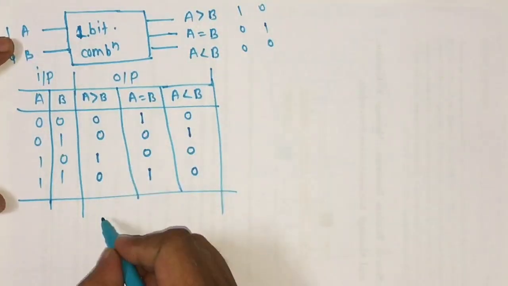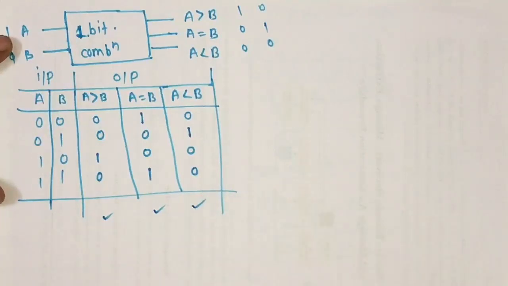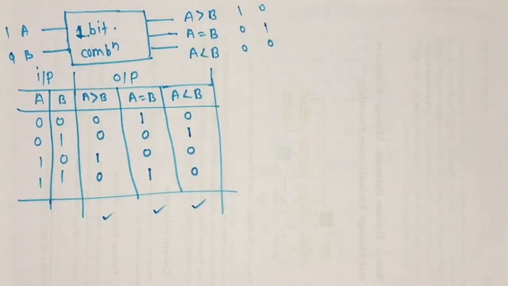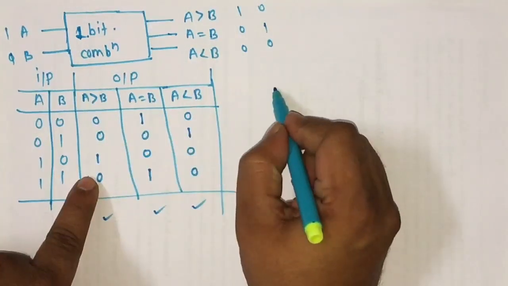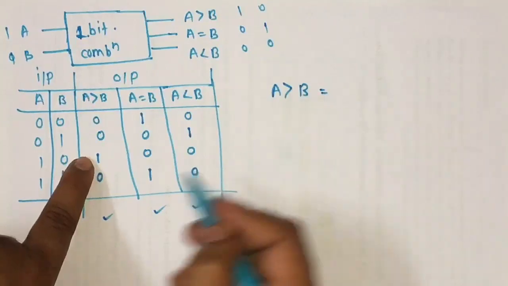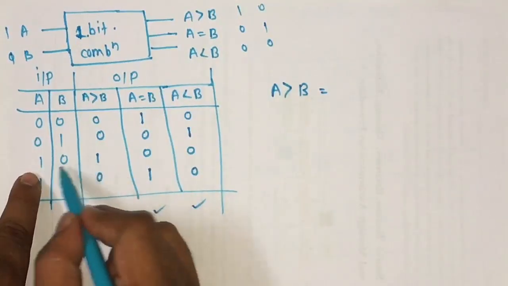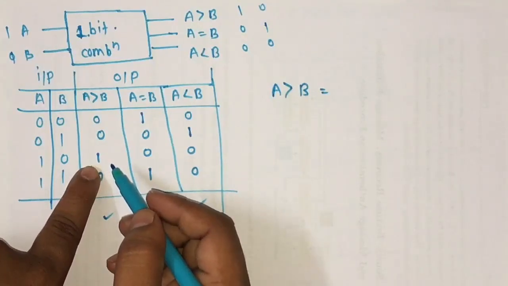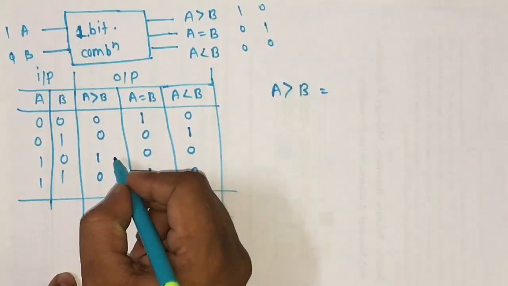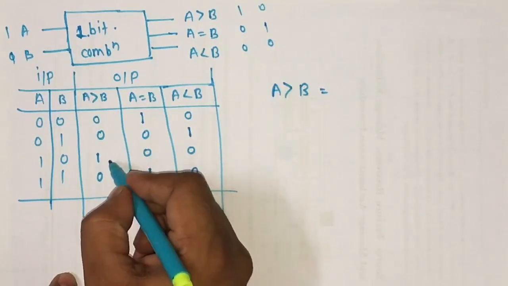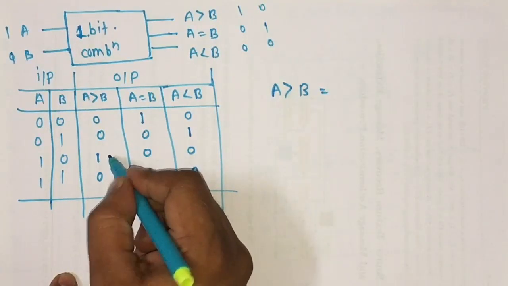Now we need to find out the three equations: one for A greater than B, one for A equal to B, and one for A less than B. For A greater than B, only one output is 1, so we will directly write the equation from the input conditions. According to the first method, consider those cases where the output is 1.